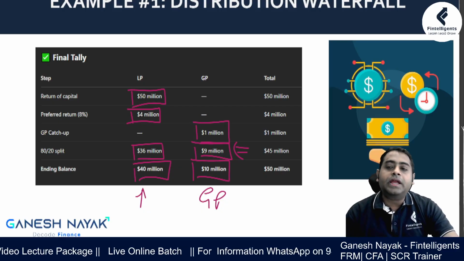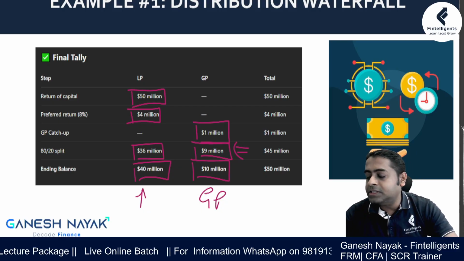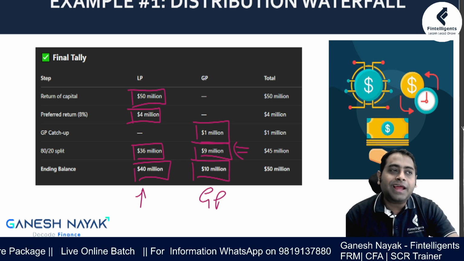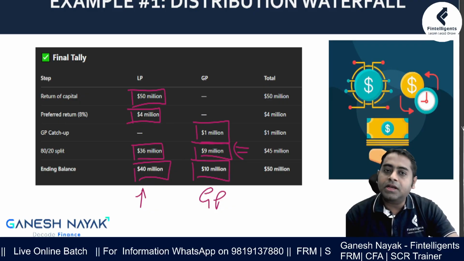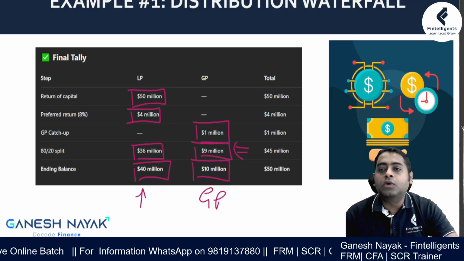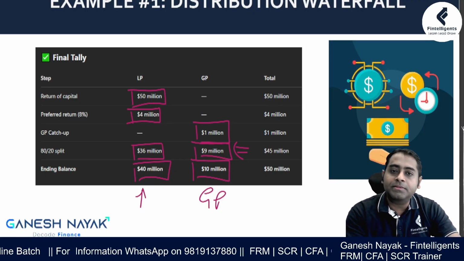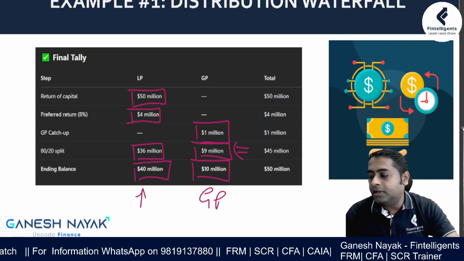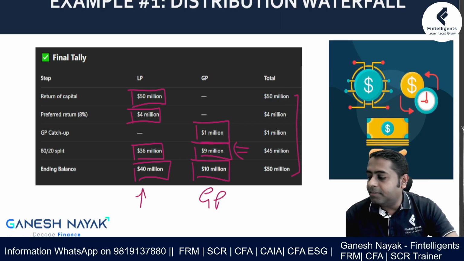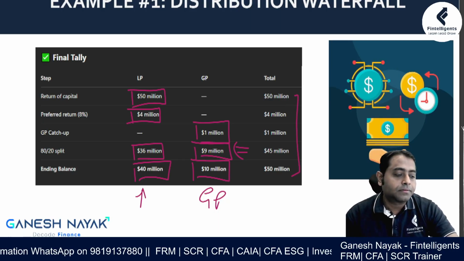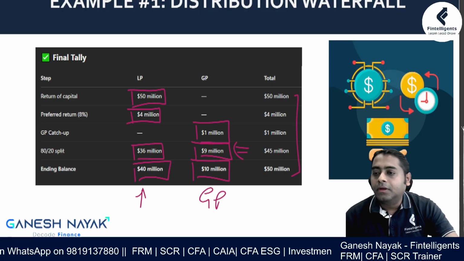Why are we not paying the entire $10 million immediately? Because what we are trying to do is reduce our risk. We are saying you will get the money, but in slow terms. You will get some portion immediately, but some portion later. That is the idea. This is the bifurcation of the example.